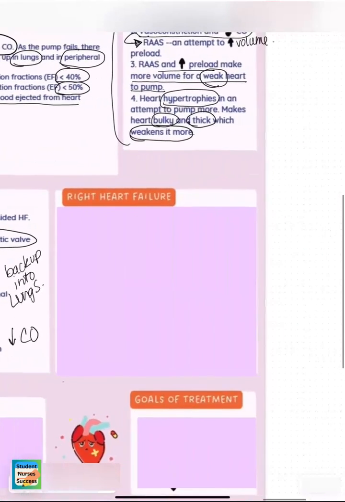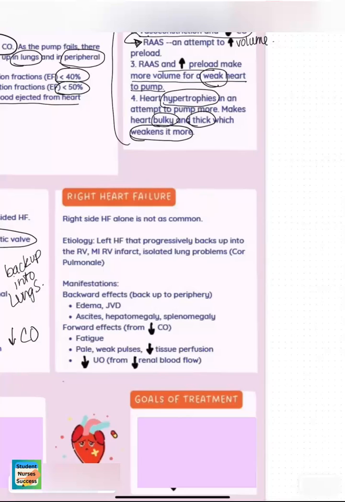Now, we can also have what we call right-sided heart failure. Right-sided heart failure alone, if it's just the right side of the heart that's failing, is actually not as common.